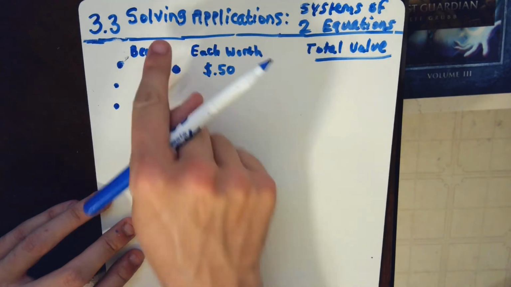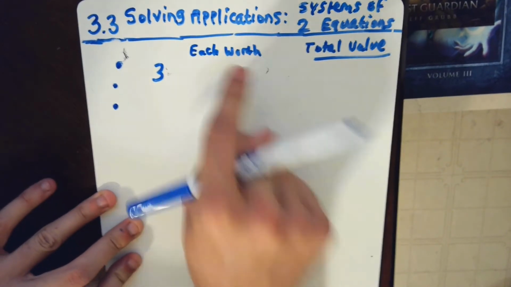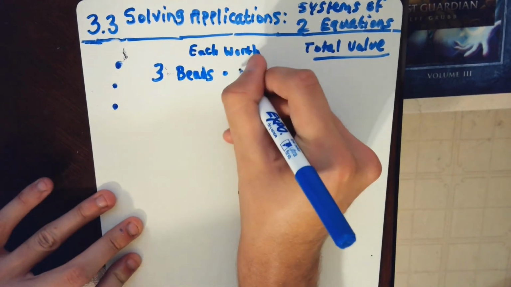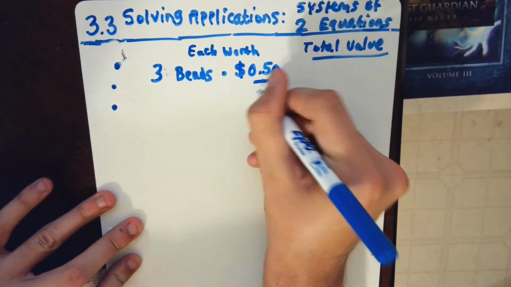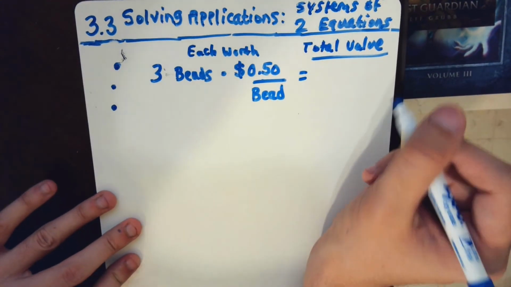So I'll actually write it like this. I'll say 3 beads times 50 cents per bead. And that's your total value.